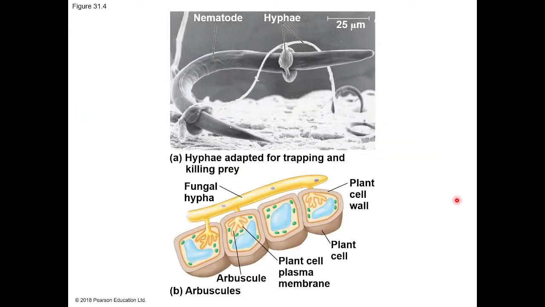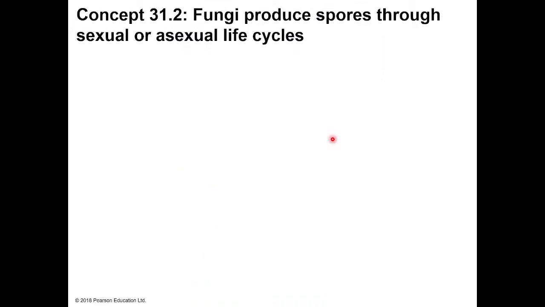Right. In this picture, you can see a nematode and a fungus living on that nematode. Fungi produce spores through sexual or asexual life cycles.